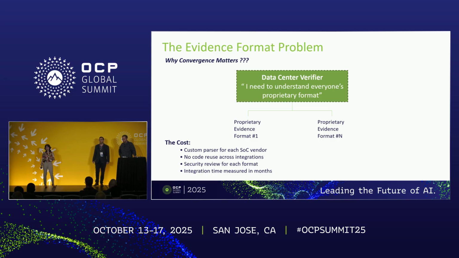And because of that, the verifier needs to have a custom parser for each silicon vendor, and they cannot reuse that code at all. The other parties need to integrate for months these different types of attestation formats. At the same time, validation takes a lot of time, and it's not easy for verifiers, SoCs, and cloud providers to verify any attestation format at this point in time.